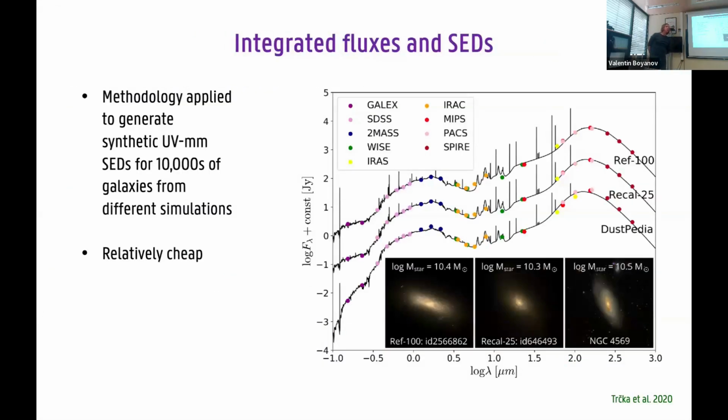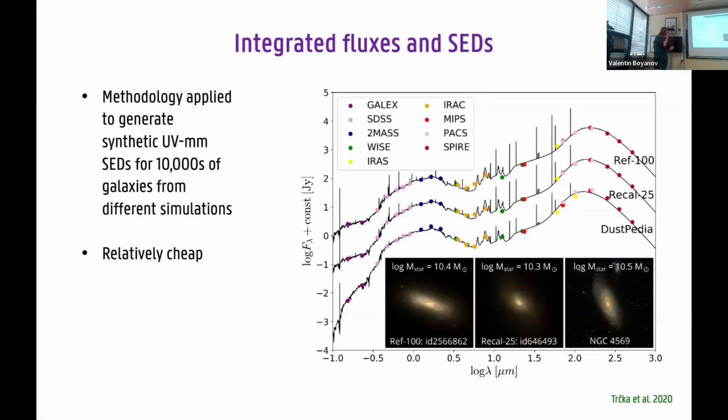And you can use that to test a number of cosmological simulations and compare them to observations in a way where we think this is really an apples-to-apples comparison. One thing we can do is look at fluxes. So just look at the whole galaxy, how much light comes out of this galaxy. If you do that at different wavelengths, you end up with what we call an SED.